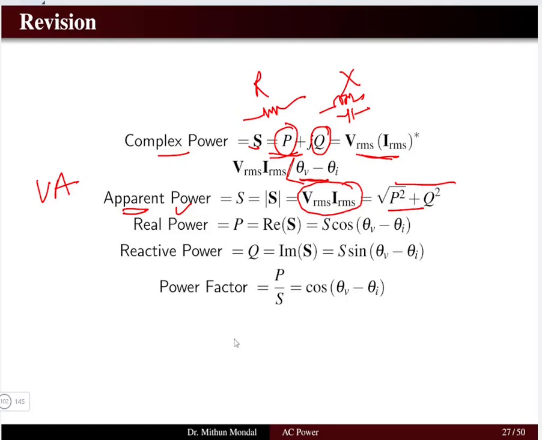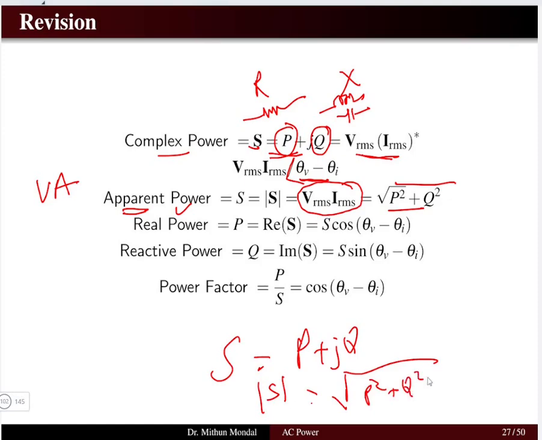So you have the complex power P plus jQ. If you take the magnitude of S, that is the square root of P squared plus Q squared, that is the apparent power. This can be written as the product of Vrms into Irms. The real power, given in watts, is the real part of the complex power S, that is, the apparent power magnitude times cos of theta V minus theta I, the angle difference between the voltage and the current.